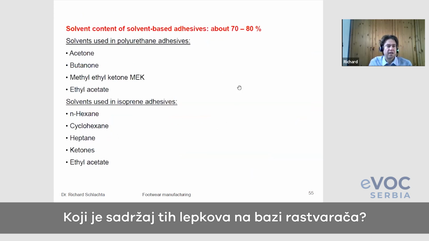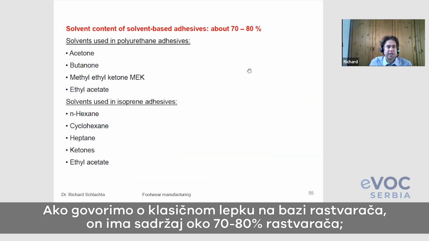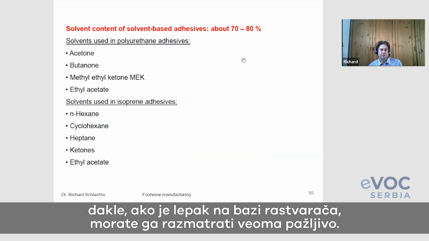So what are the contents of solvent-based adhesives? Generally, if we speak about a classic solvent-based adhesive, it has a solvent content of about 70 to 80%, only to give you a number. So if it's a solvent-based adhesive, you have to look very carefully at it.